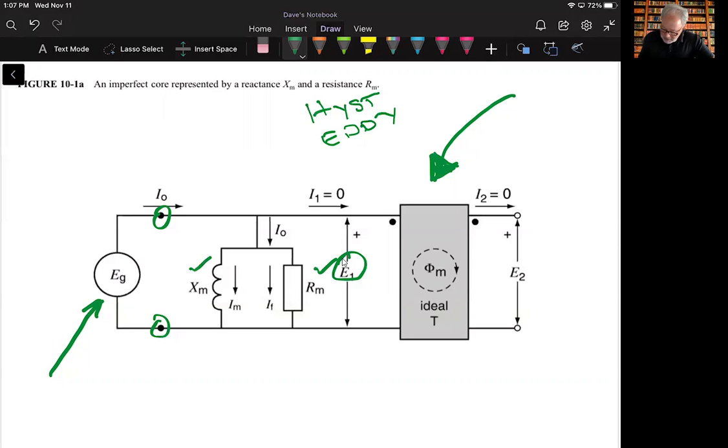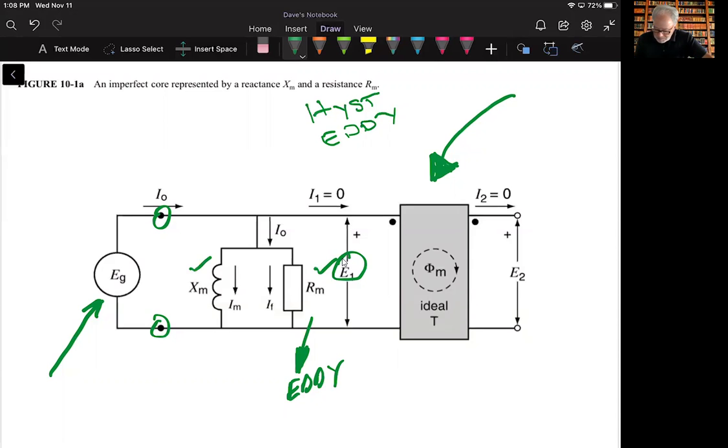So the resistance R sub M represents the iron losses and the heat that they produce. We can think of those iron losses in terms of the eddy currents that are forming within the core, and the heat that's generated because of the circulating currents.